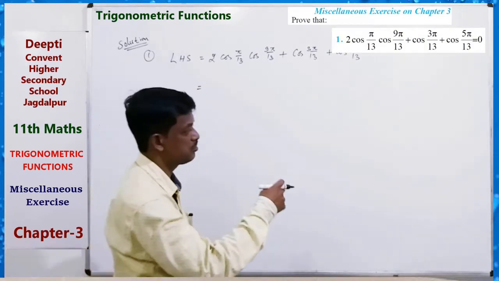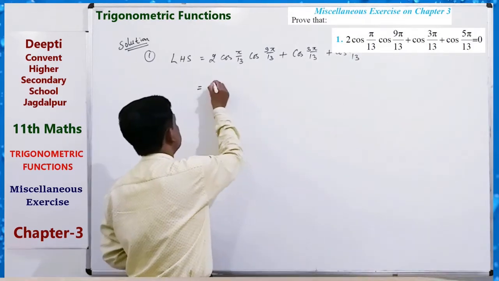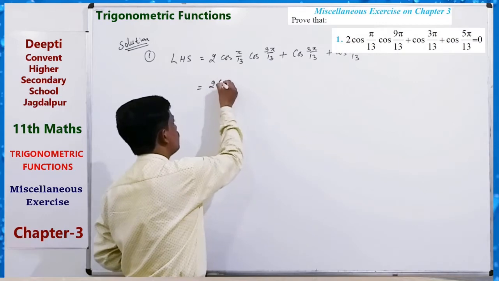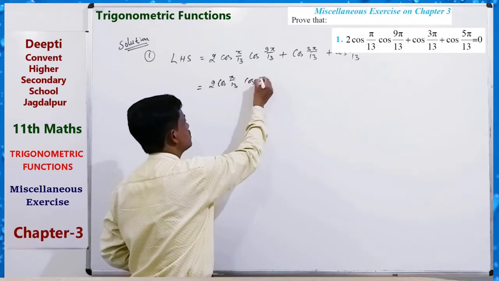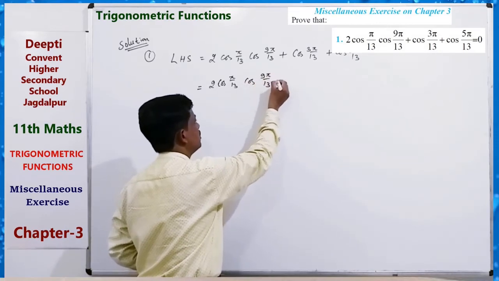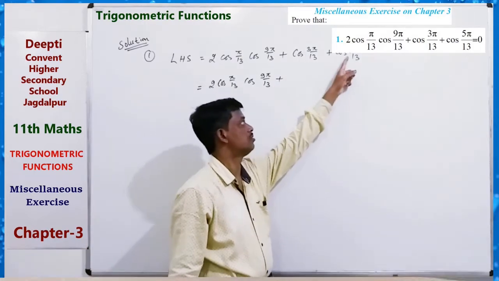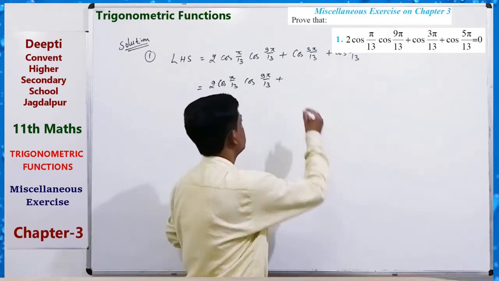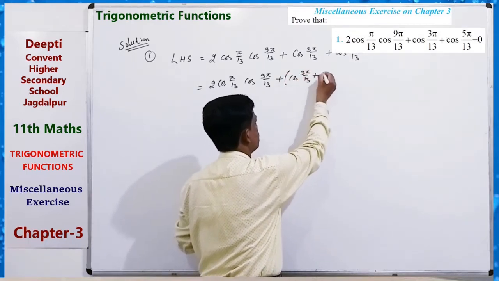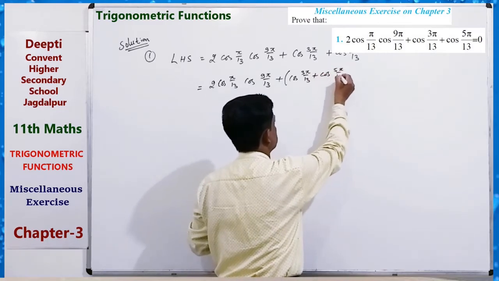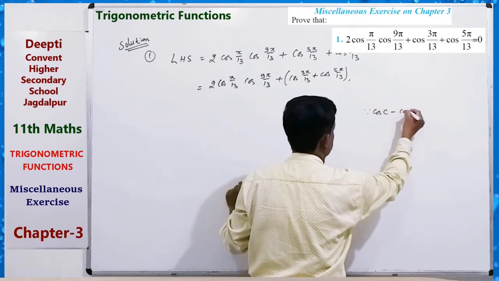We know the cos c plus cos d formula: 2 cos of (c plus d) by 2 and cos of (c minus d) by 2. So this is 2 cos pi by 13 cos 9 pi by 13, plus here cos 3 pi by 13 plus cos 5 pi by 13, these two quantities we take together.